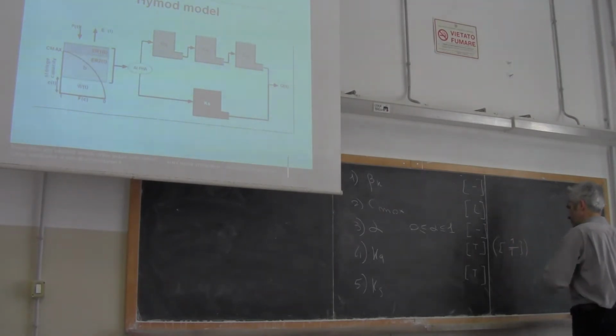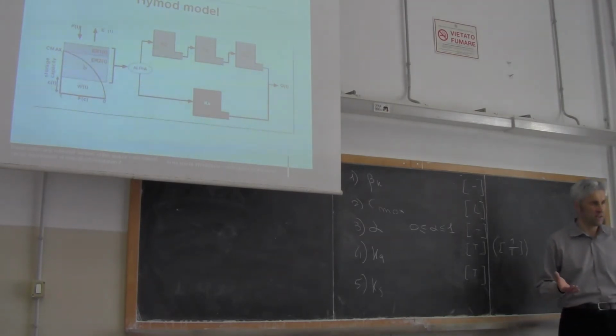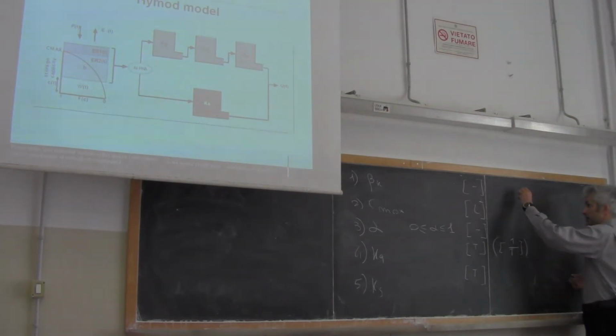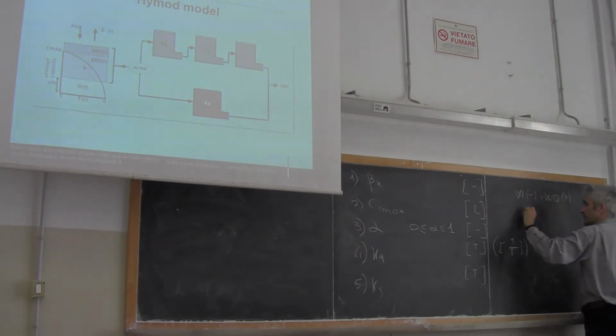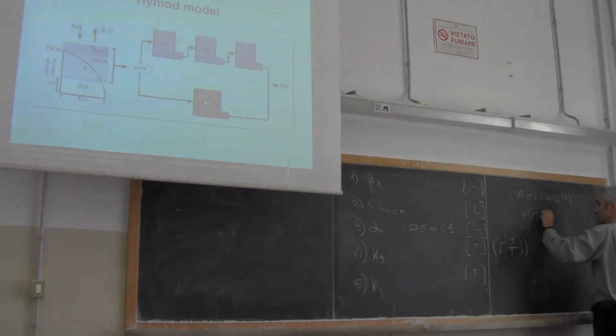Be careful of that. When you write an algorithm or you use an algorithm, try to check whether the storage in the linear reservoir is written in this way, k times Qt, or in this way, Qt divided by k.